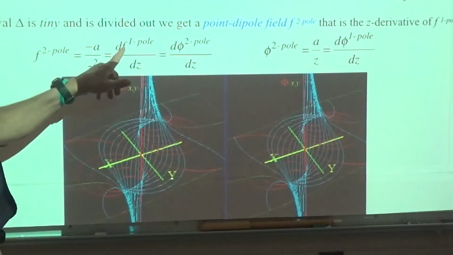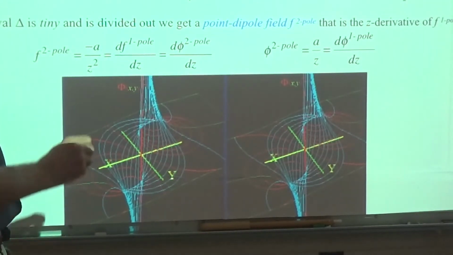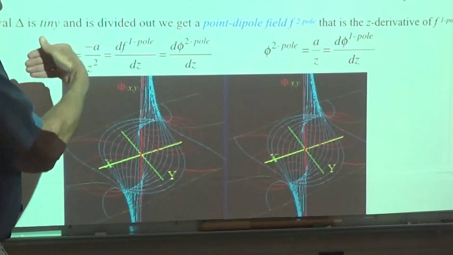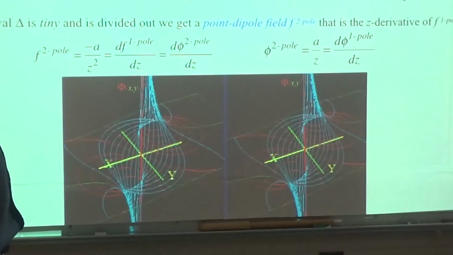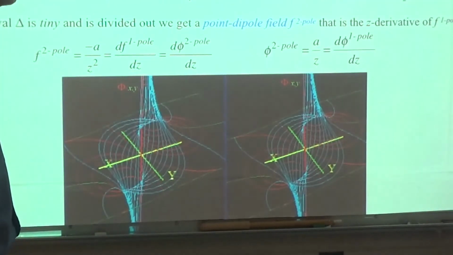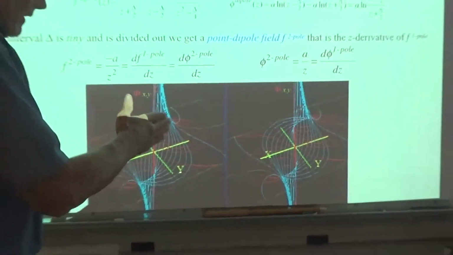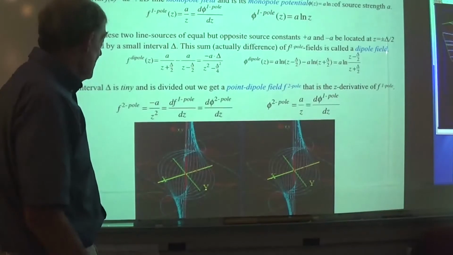So if you take a monopole and take a derivative with respect to z, and the z, of course, is complex, so you can make the derivative point in any direction just by changing the parameters of the complex variable. In any case, you will be getting a dipole that points in some direction by doing that. Okay.